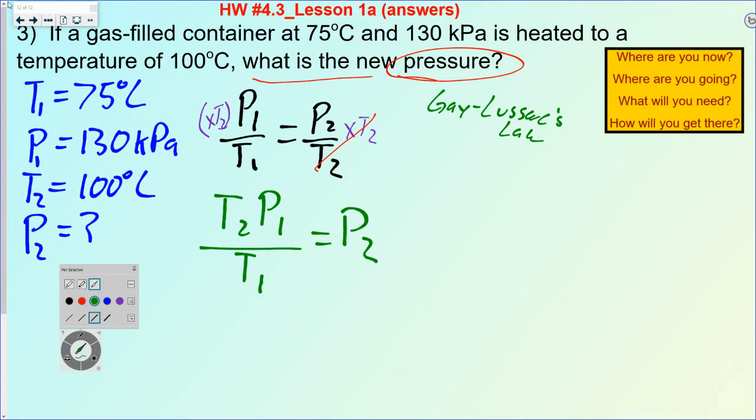This one worked out a lot shorter than the previous one. Only one move and we can get P2 all by itself.